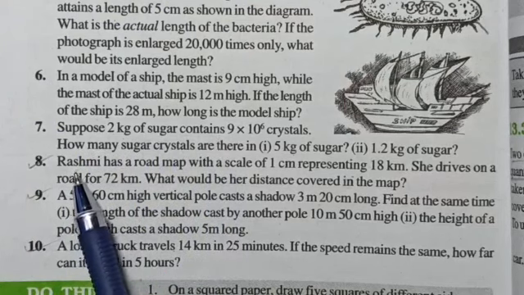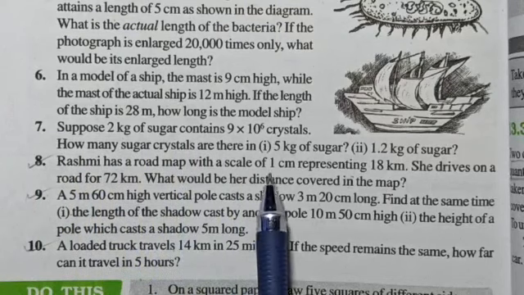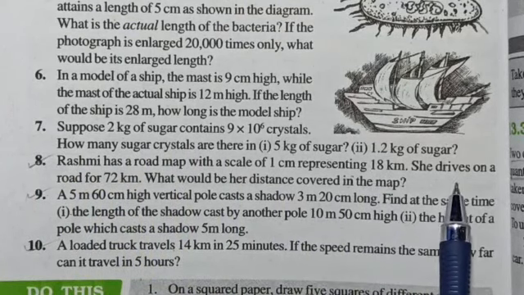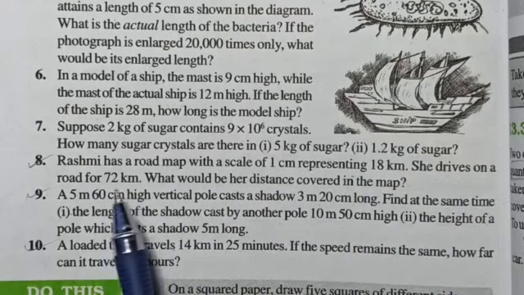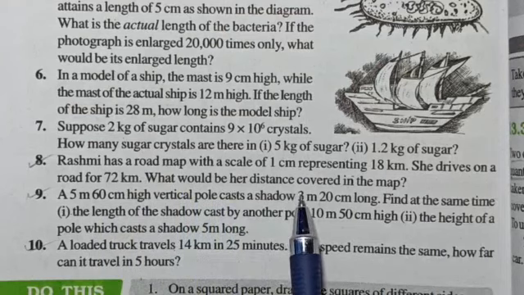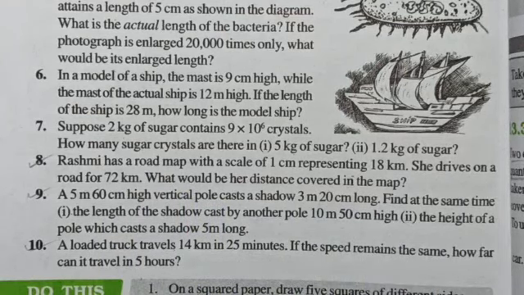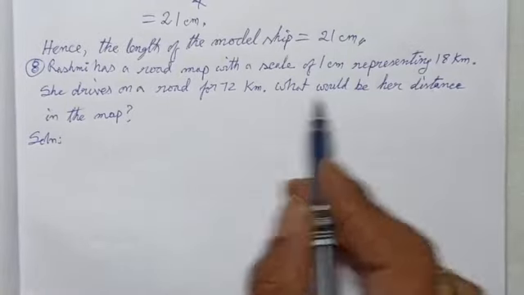Now let's try this question number 8. Rasmi has a road map with a scale of 1 centimeter representing 18 kilometer. She drives on a road for 72 kilometer. What would be her distance covered in the map? In this question, we have to find out her distance in the map.